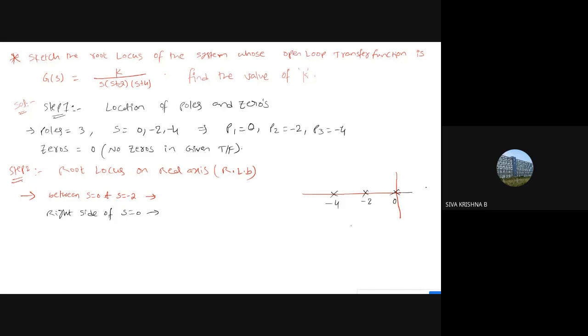When we take a point, if the sum of poles and zeros towards the right side of it is odd, then it is a root locus branch. If not so, it is not a root locus branch. So the right side of s equals 0 is not root locus.